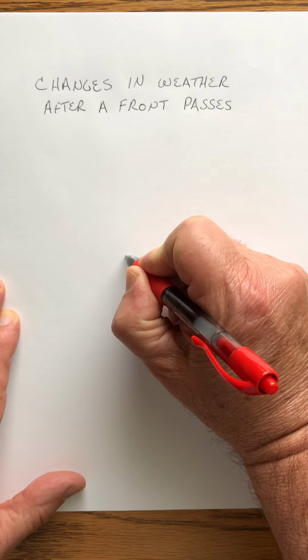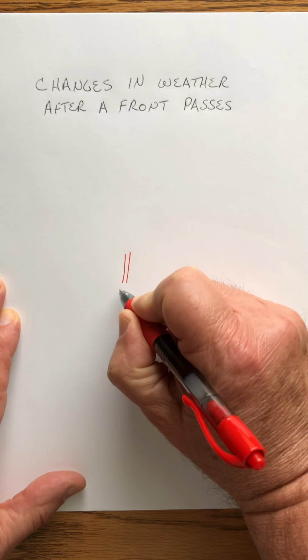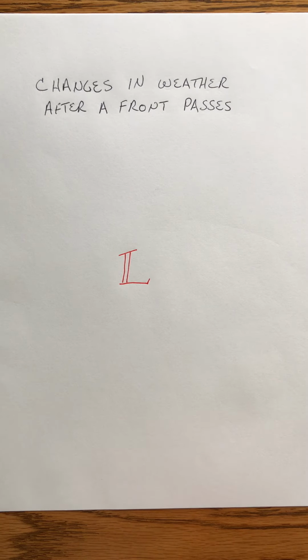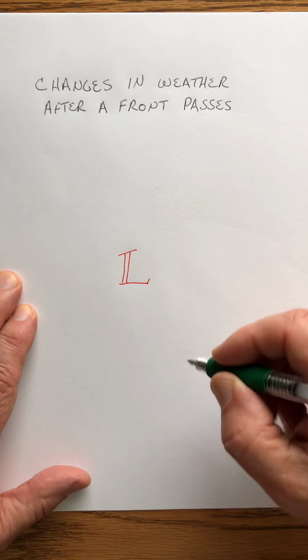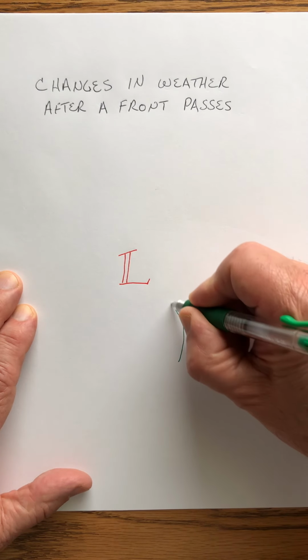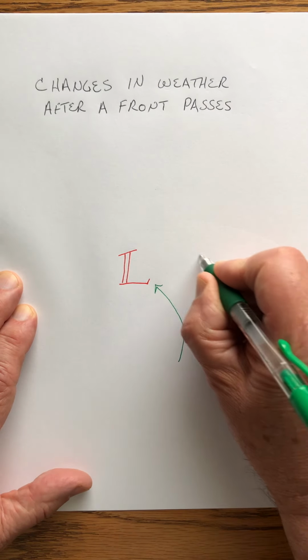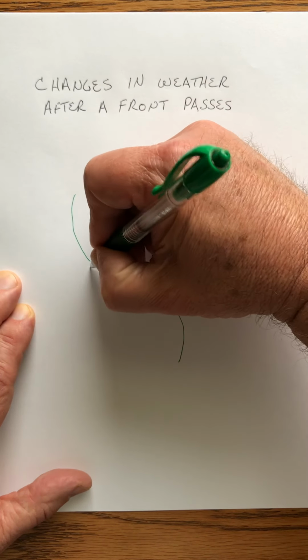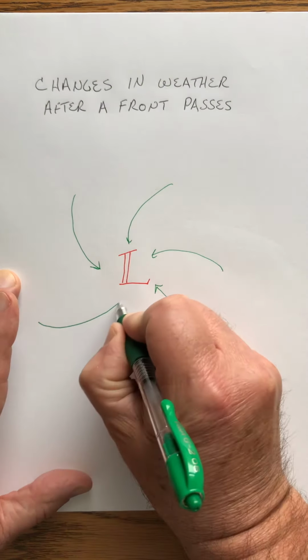Okay, so let's start off with a low pressure that we've drawn a number of times. So here's a big red L that you'll see on a weather map. And we know that the airflow around a low pressure is counterclockwise and inward. So we can draw that in. This is nothing new. We've seen this before.